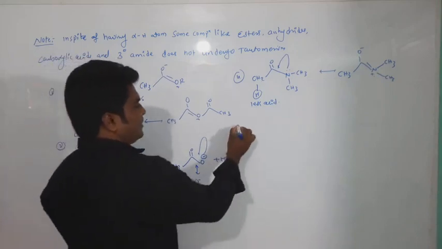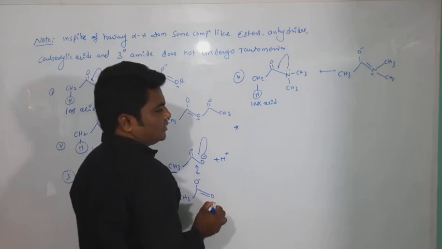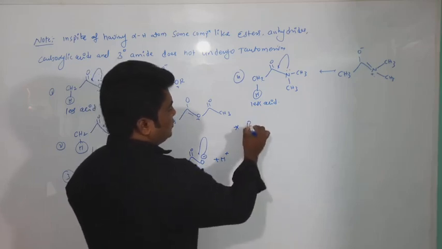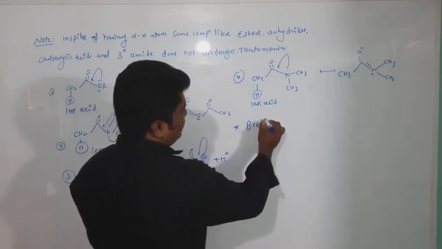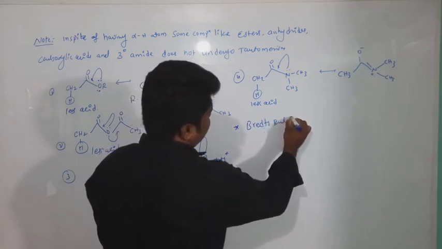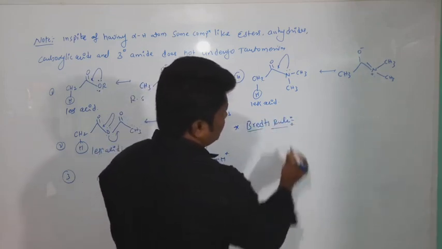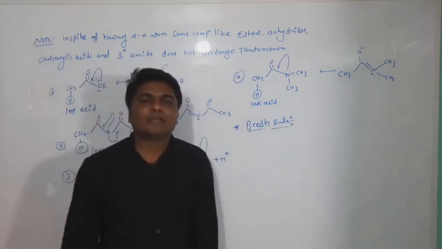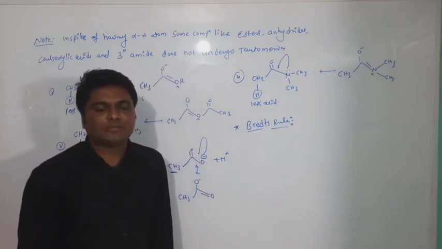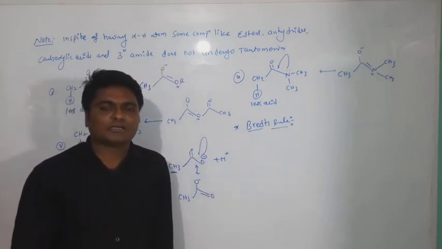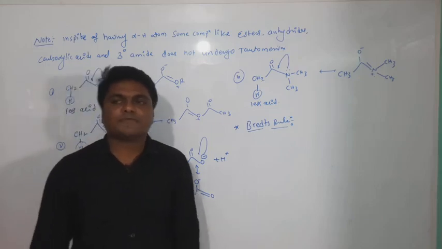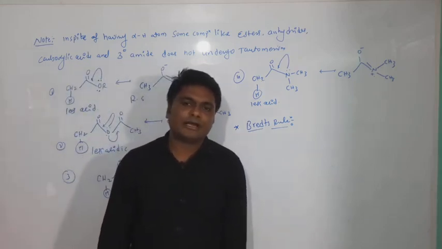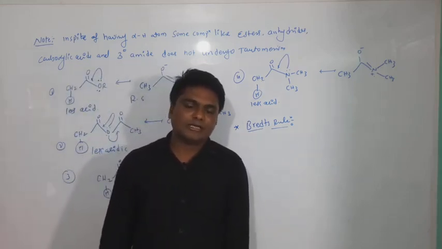See here. Do you know Bredt's rule? In GOC you must have studied Bredt's rule. Bredt's rule means, very simple, that at a bridgehead carbon atom, sp2 hybridization is not possible. Formation of a pi bond, formation of a carbocation and formation of a free radical at a bridgehead carbon atom is not possible.